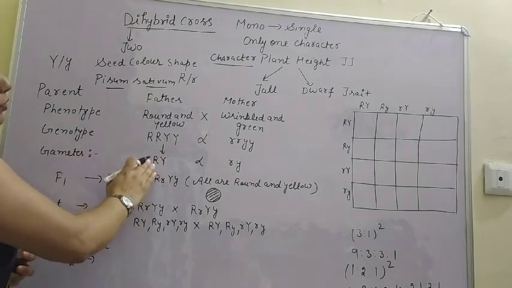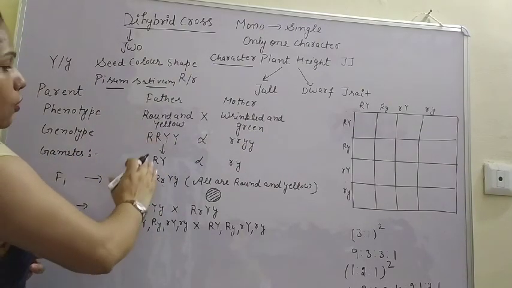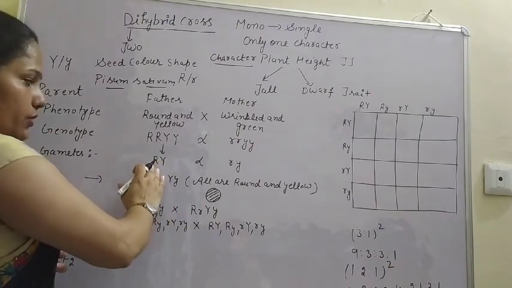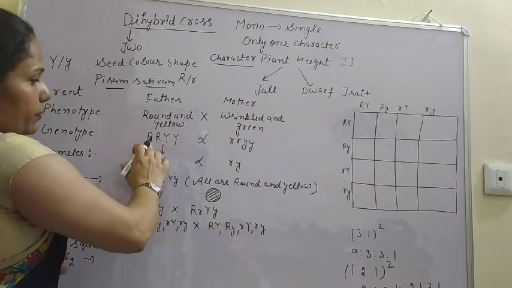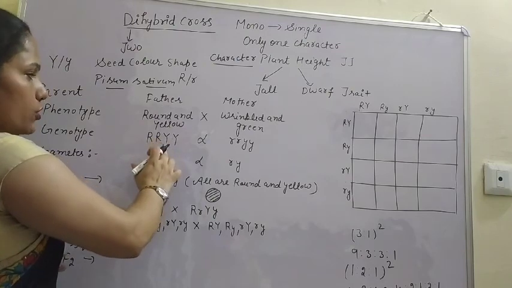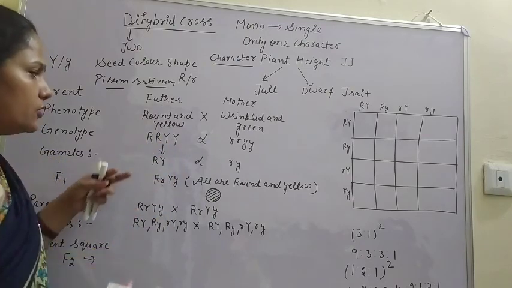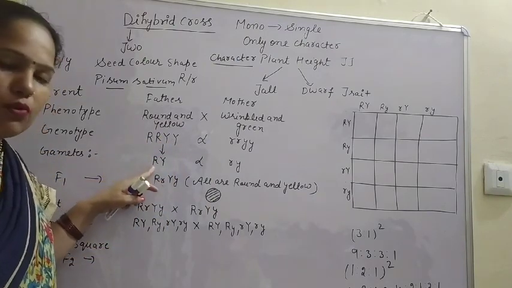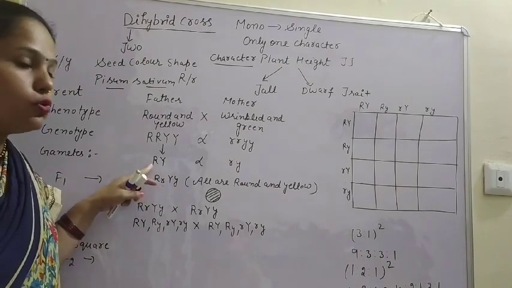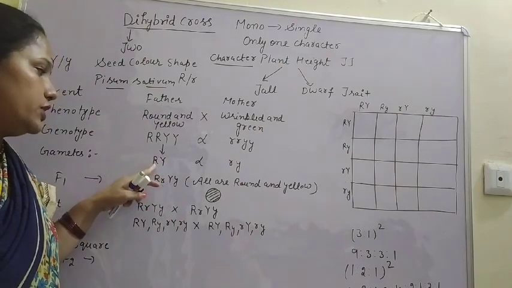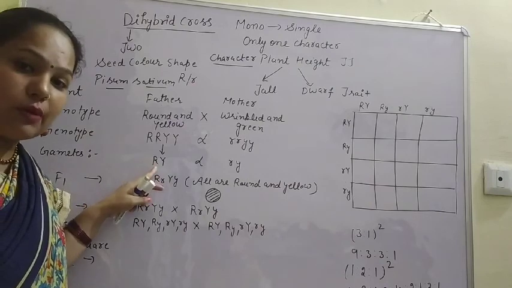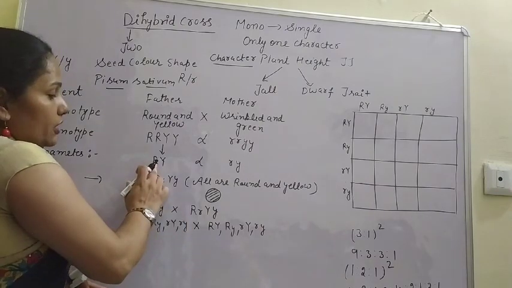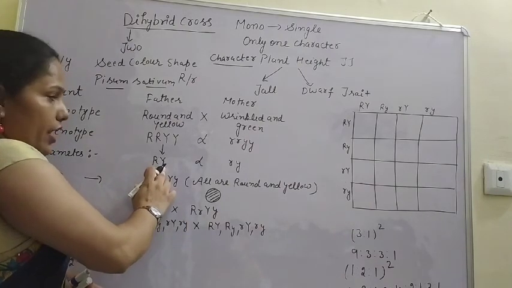What type of gametes are formed here? Only one type of gamete in each parent. In the first case, capital R and capital Y. Because there is only one type of gamete, there should be no confusion. I am taking only one gamete here, that is capital R and capital Y.